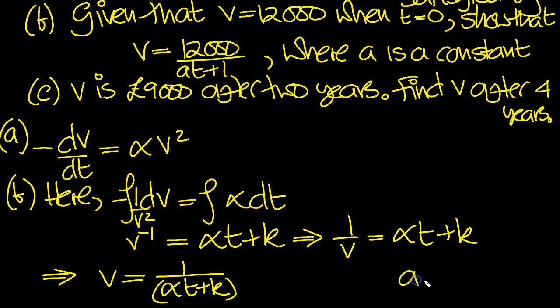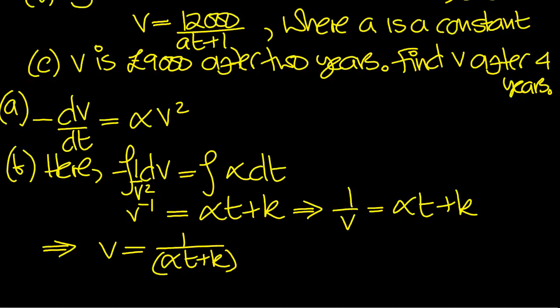And here the a value that we've got, a equals alpha, isn't it? In the solution set here. We've got 1, but we're told here, let's just get rid of that for a moment, because we've got to find the value of k. So v is 12,000 when t is 0. So let's look at that then.